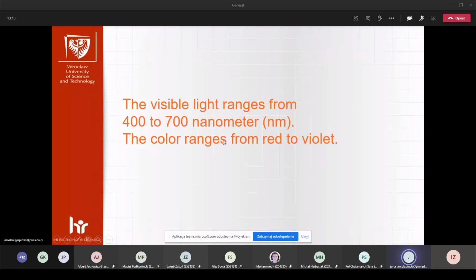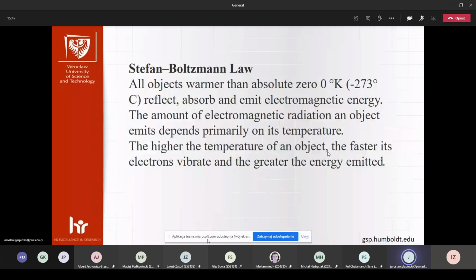But we need to describe this fact. Stefan Boltzmann found that objects emit electromagnetic energy when they are warmer than absolute zero. It was about black bodies, like a black box, never mind.